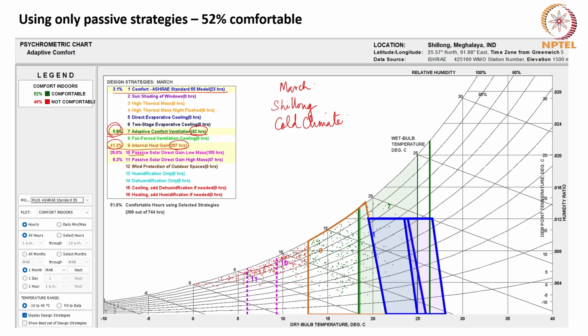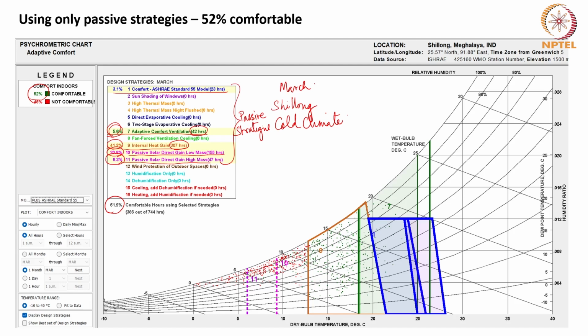Then passive solar direct gain low mass can cause 20.8% to be comfortable for the month of March alone. And passive solar direct gain high mass can cause 6.3% of the hours to become comfortable. Therefore, by following only passive strategies, we can get 52% of the hours to be comfortable for the month of March.